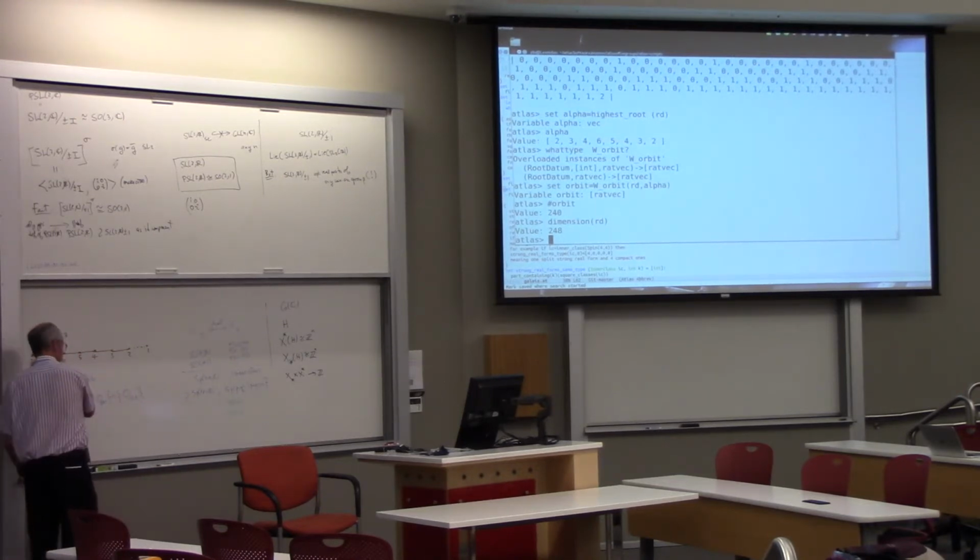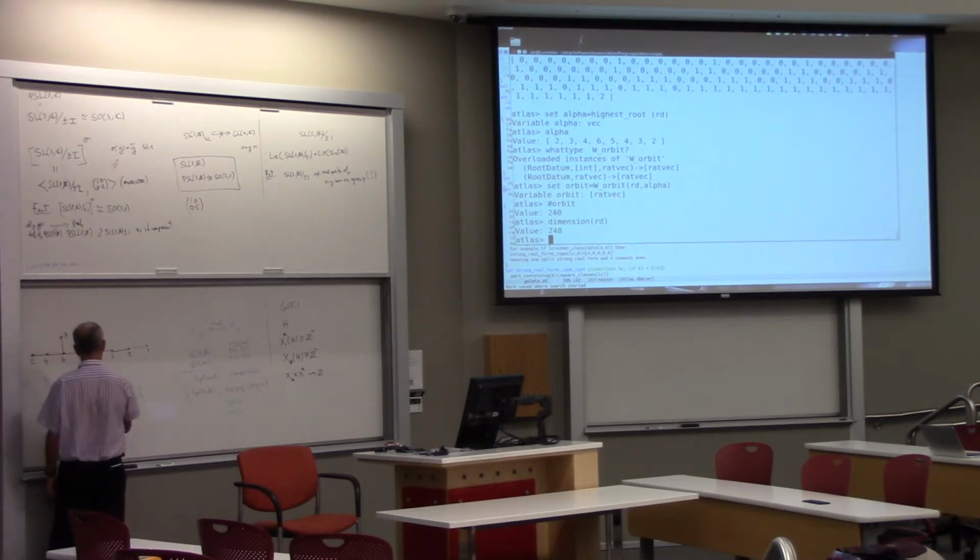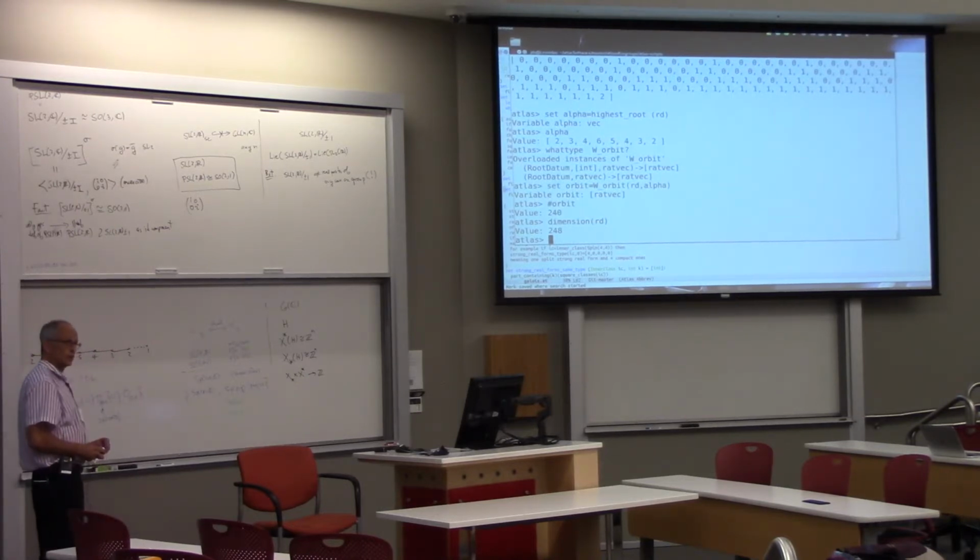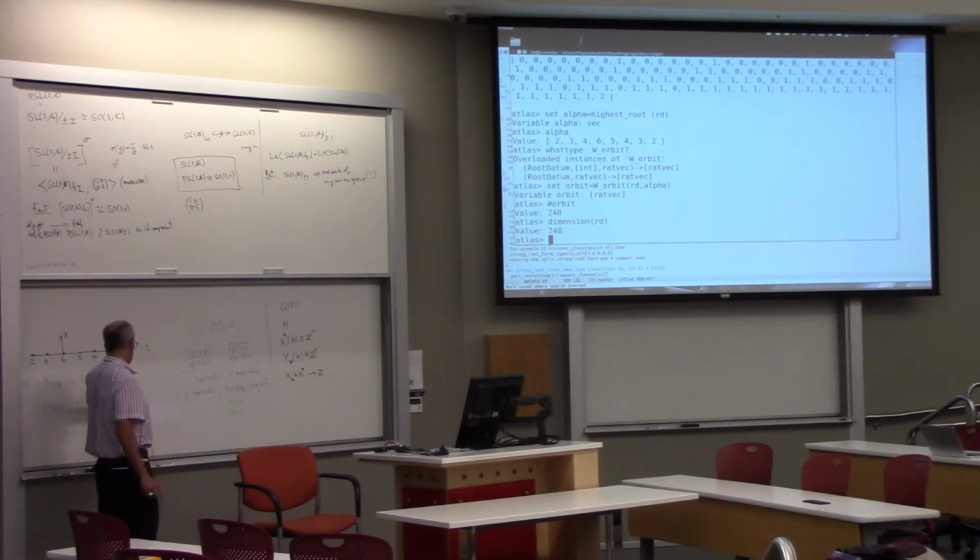And 0 is the 0 orbit. This is this orbit of 240 roots modulo plus or minus 1. And so there's some other orbit of size 135.